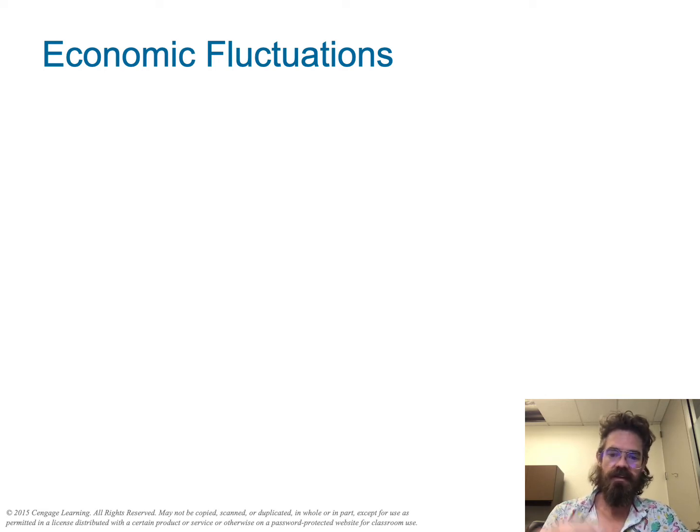In the next chapter we're going to discuss how the government and the central bank, the Federal Reserve Bank, can get us back to long run equilibrium and dampen the fluctuations, making recessions less severe, and making economic booms and the accompanying inflation less severe.